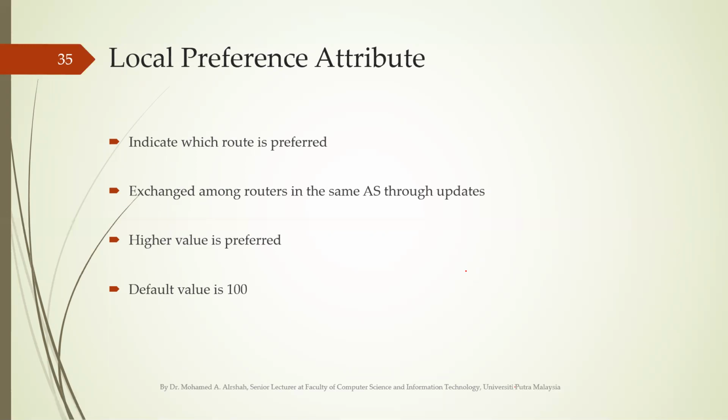So local preference indicates which route is preferred, so based on it you can find the best path. Also, it's exchanged among routers in the same autonomous system through updates, among the BGPs located inside the same autonomous system. Higher value is preferred, so the higher the value is the better. Default value is 100.